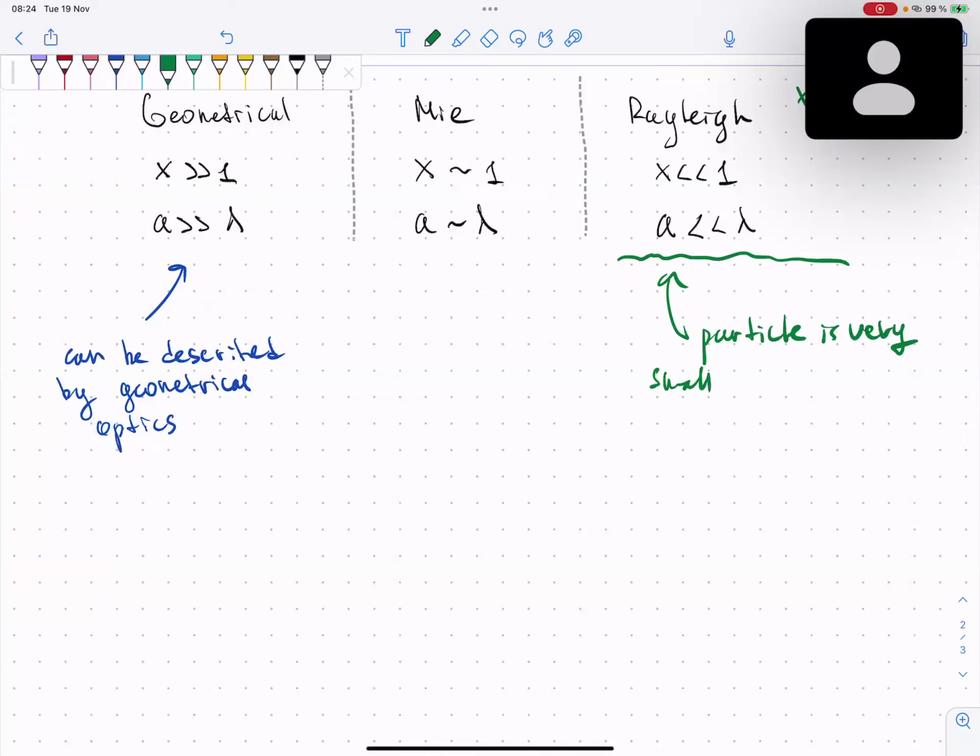Basically what we are doing here is that we consider our particle just as a point dipole. So we have the plane wave and a point dipole. We consider the particle just as a point dipole. So the physical meaning is the following.